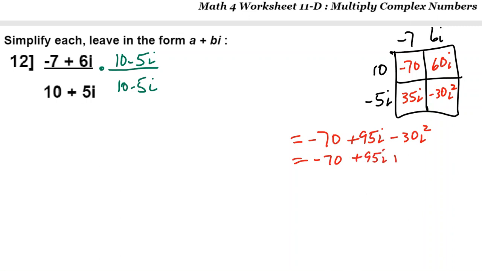Negative 30 times negative 1 gives me that. Negative 70 plus 30 leaves me with negative 40. And so that's going on top. Negative 40 plus 95i.